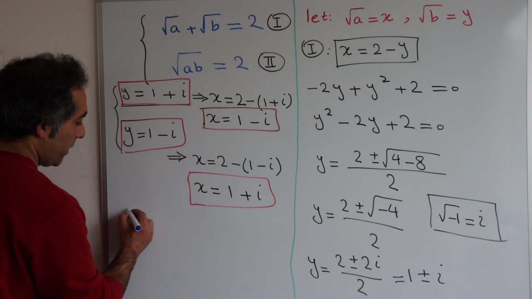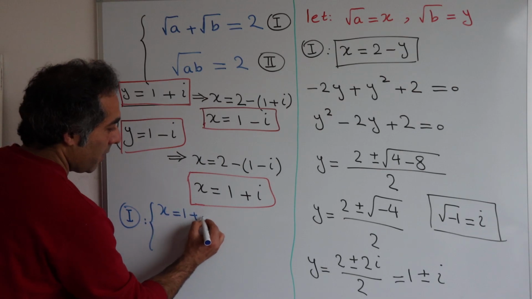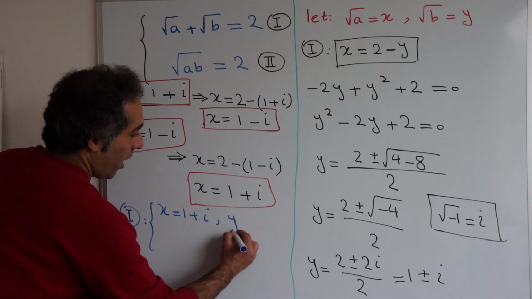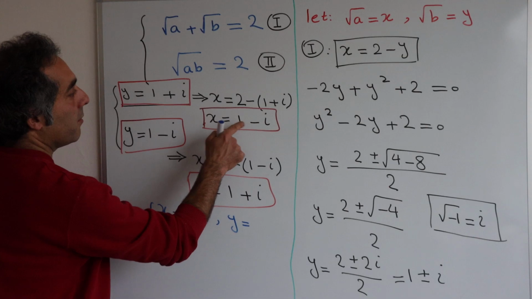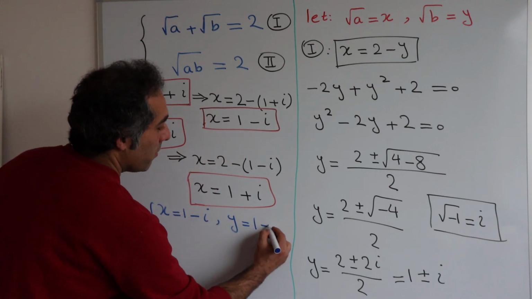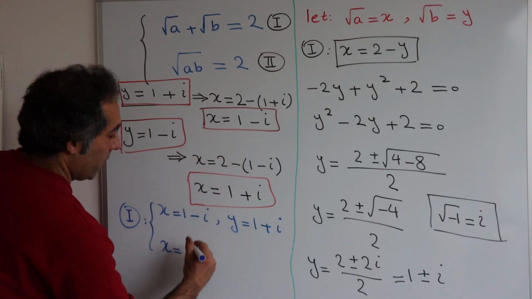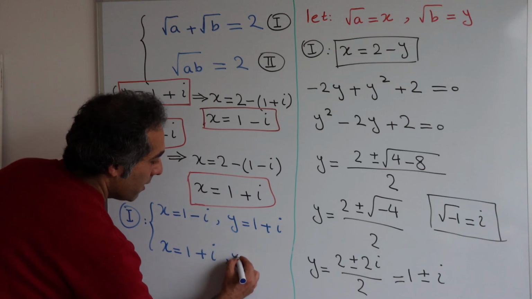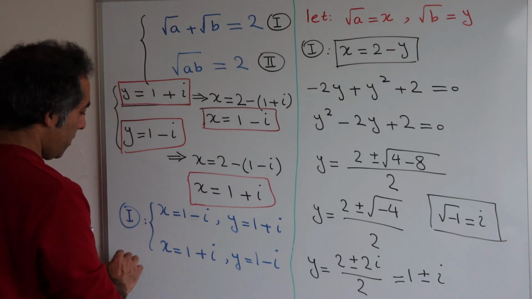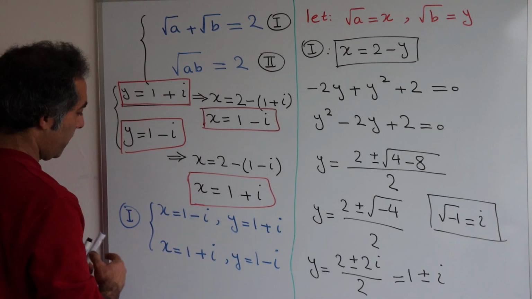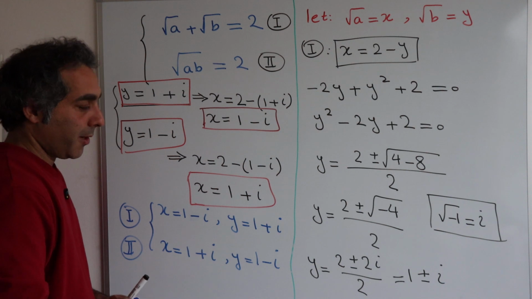The first pair is x is 1 minus i and y is 1 plus i. Or if x is 1 plus i, then y is 1 minus i. These are the first one and the second one.